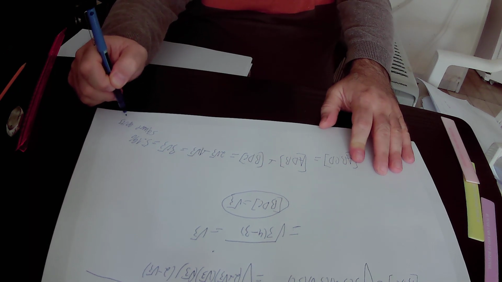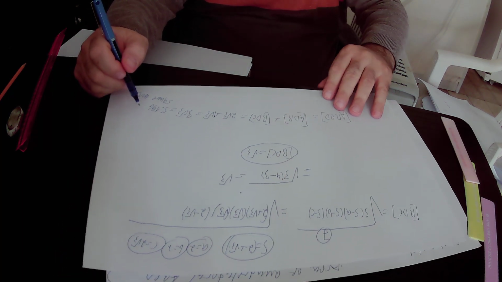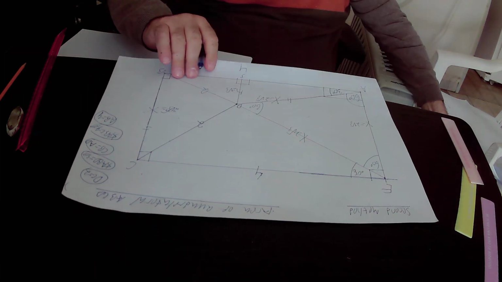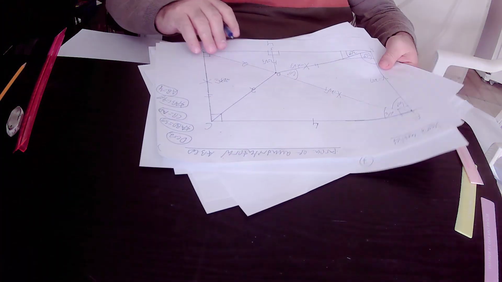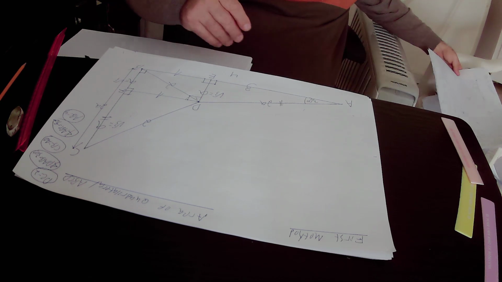Okay, we finished with the second method. Now I will summarize the lecture. Actually, we wanted to find out the area of quadrilateral ABCD, and we found it using 2 different methods.